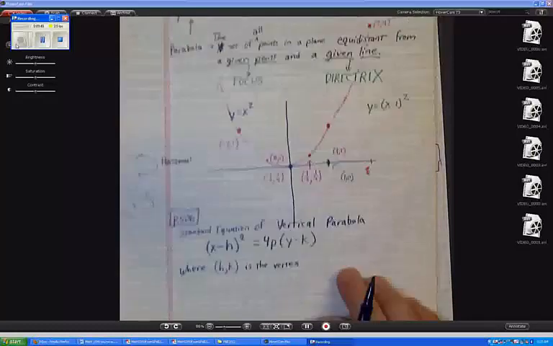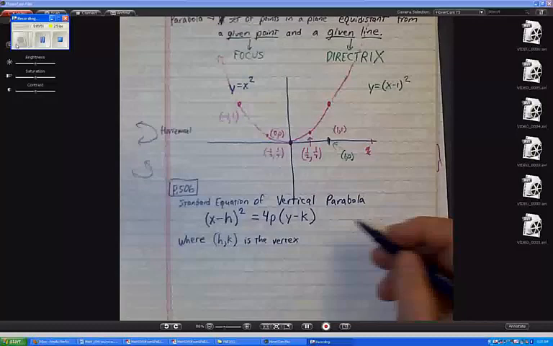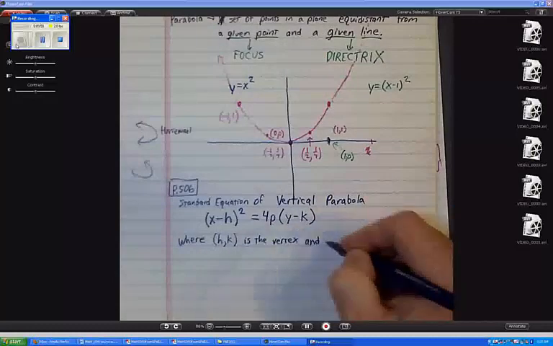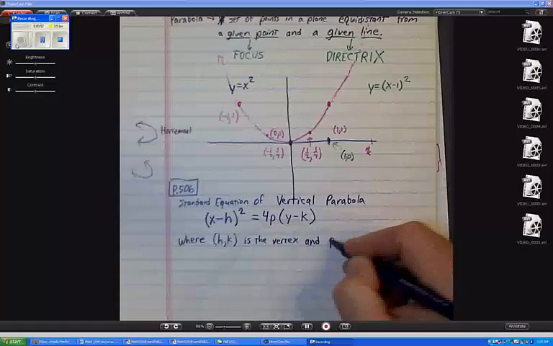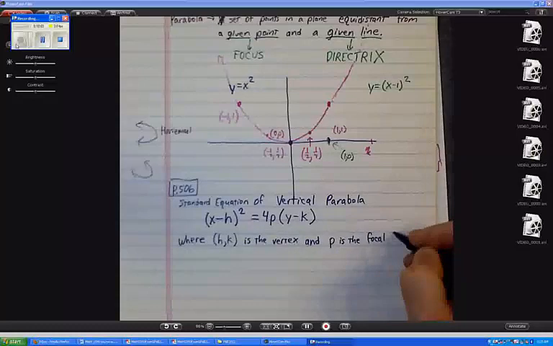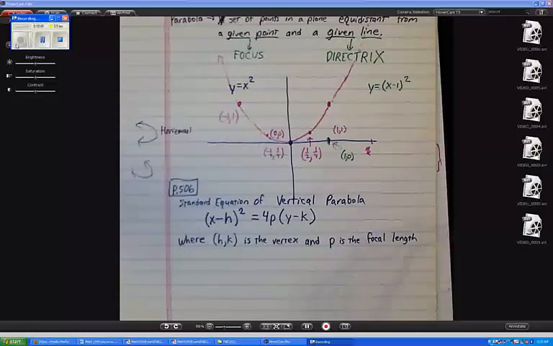Now I've got to give you a little vocabulary about what this little p represents. The lowercase p is, well, the book calls this the focal length. The focal length. I better define that, because those are new words.